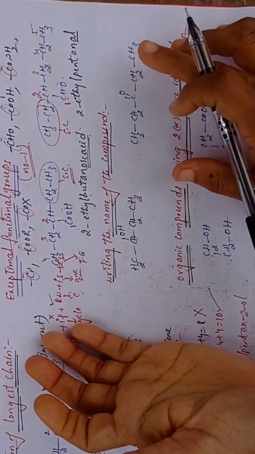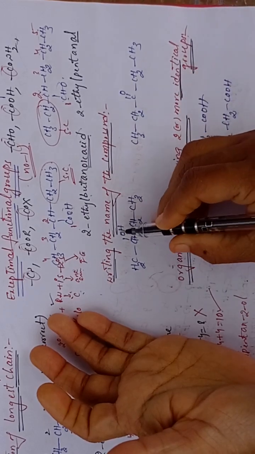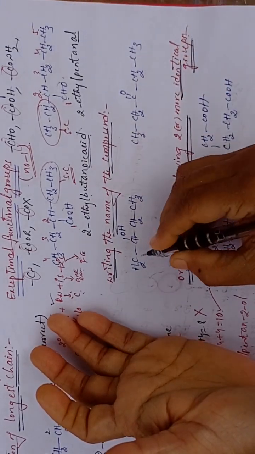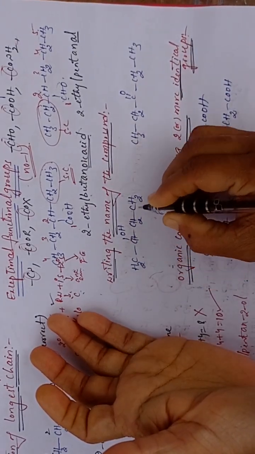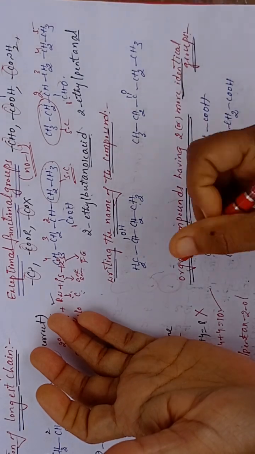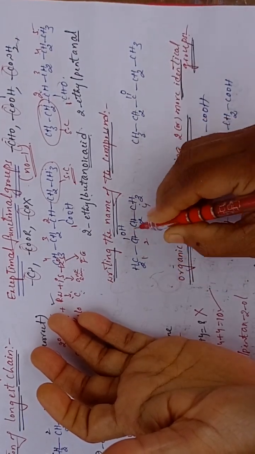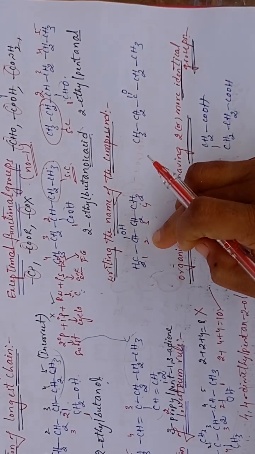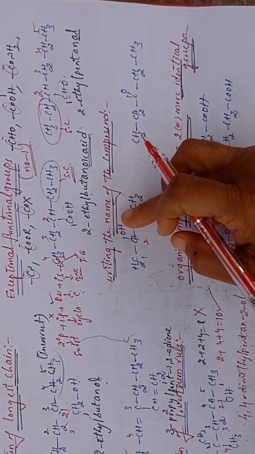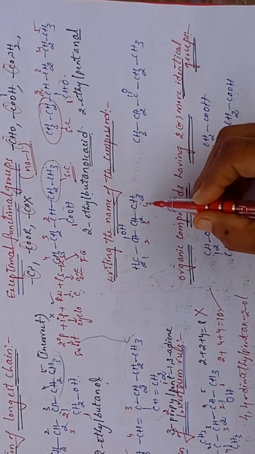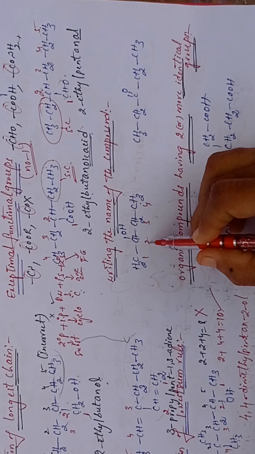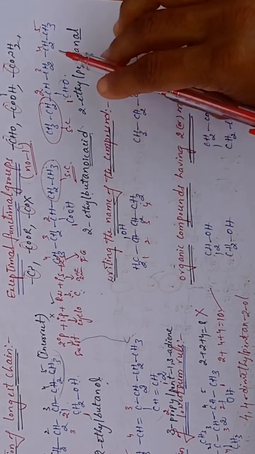See here, students, how to write this name. Here the OH functional group is there. First write the numbering 1, 2, 3, 4. For the OH functional group, the least number should always be given. Here the OH group is attached to the second carbon. If I start the numbering from right to left, 1, 2, 3, 4, you will get the OH group on the third carbon.